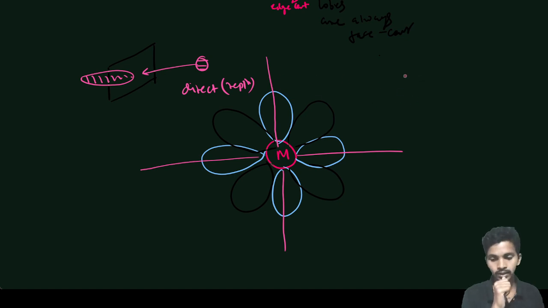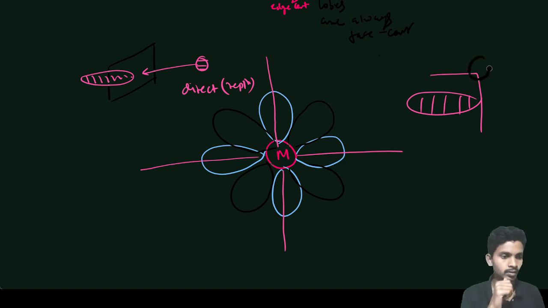And for non-axials, if I draw the same thing here, and the ligands are here, then in between them they have the theta. But here the theta is 0.